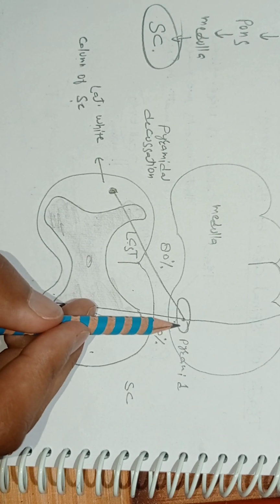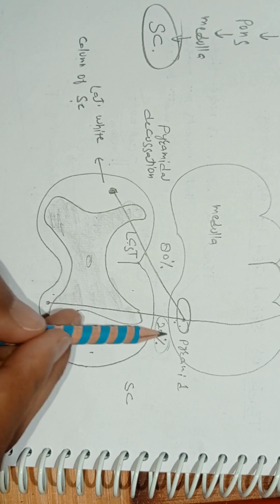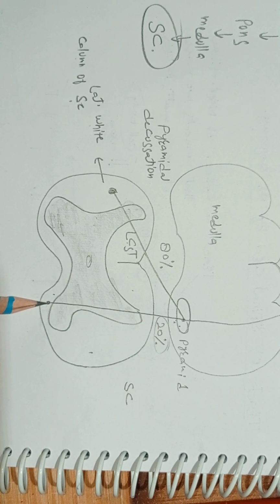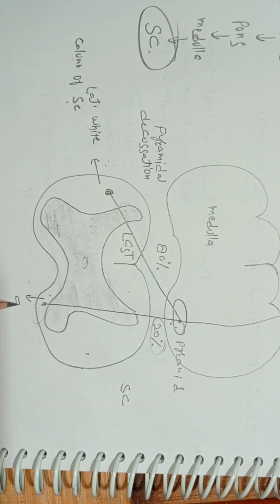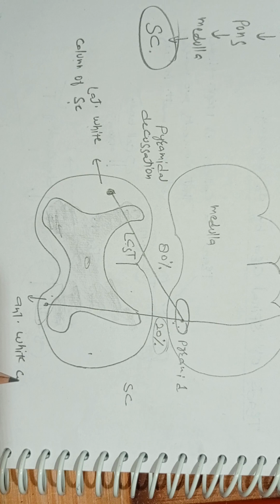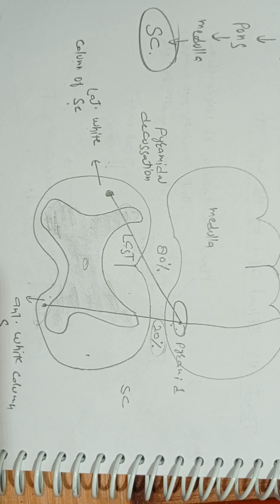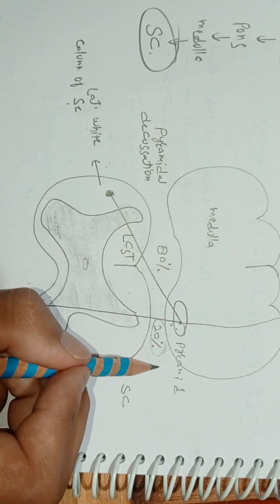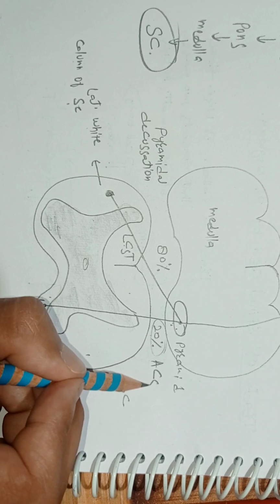Now the 80% of fibers move to the opposite side, but 20% of fibers remain on the same side and go to this part. This part is known as the anterior white column of the spinal cord. So these 20% of fibers are known as the anterior corticospinal tract.